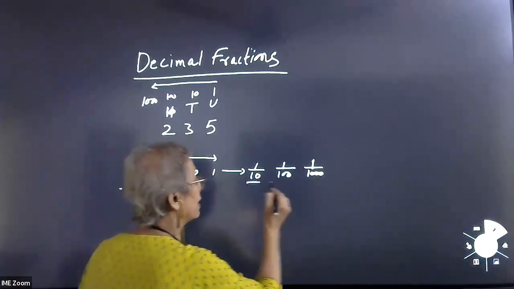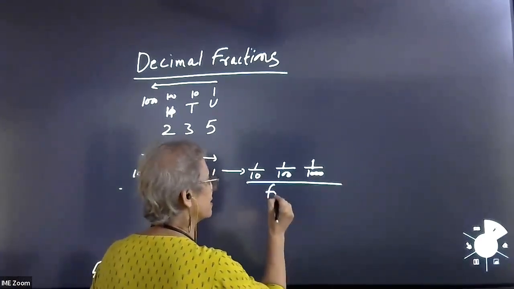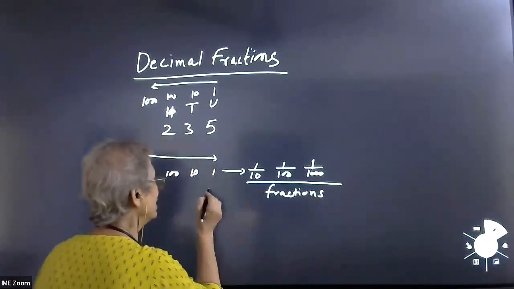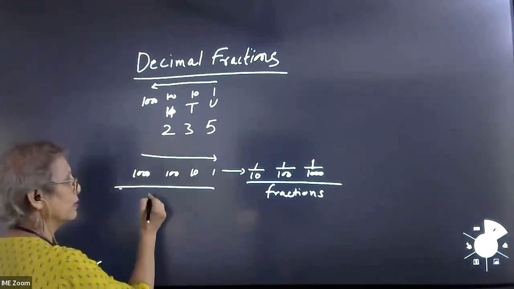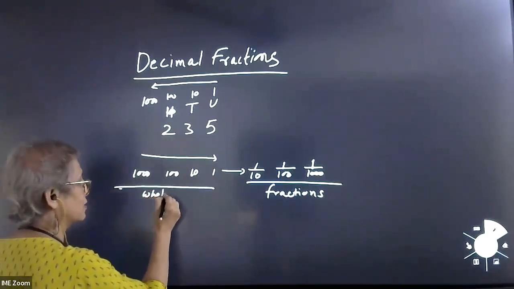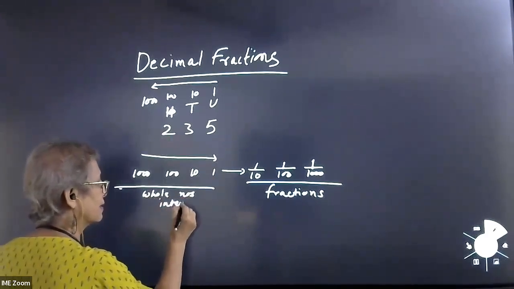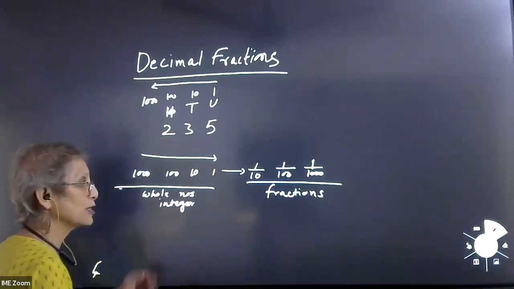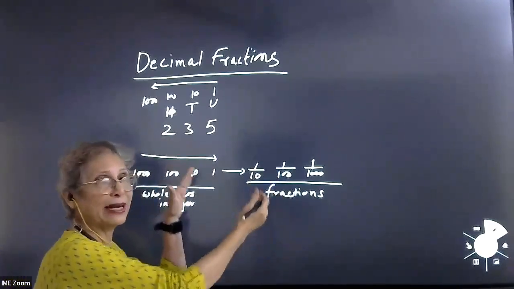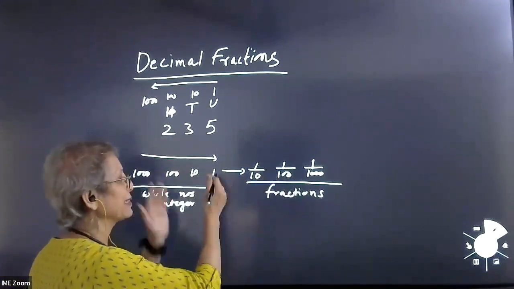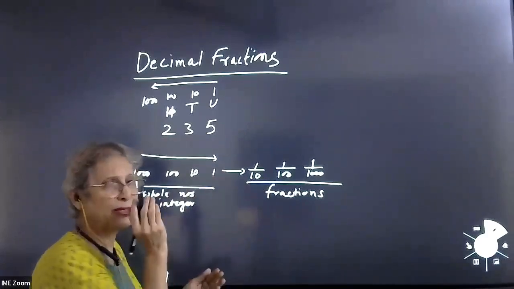So these all numbers are fractions, which means smaller than 1. While this part is a whole number. Whole numbers, or we say integers. So if we want to write all the numbers together, they should be separated by some symbol.